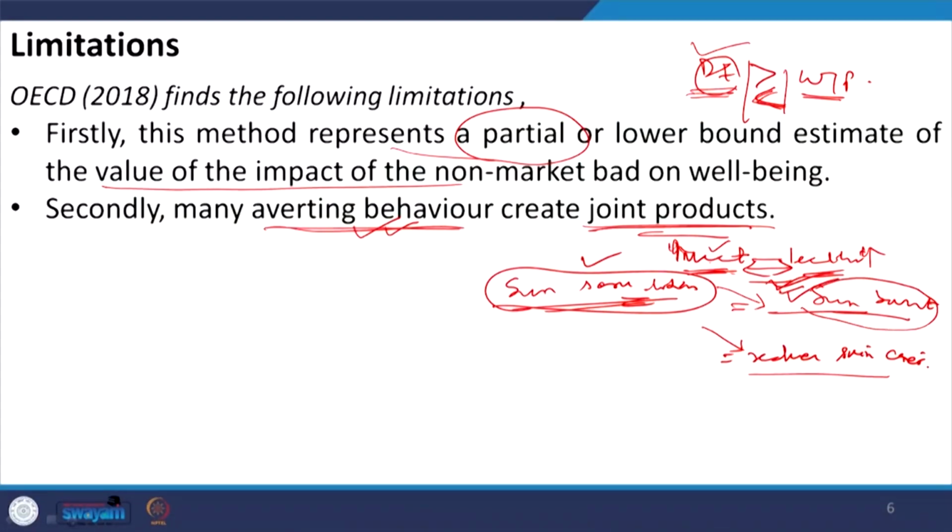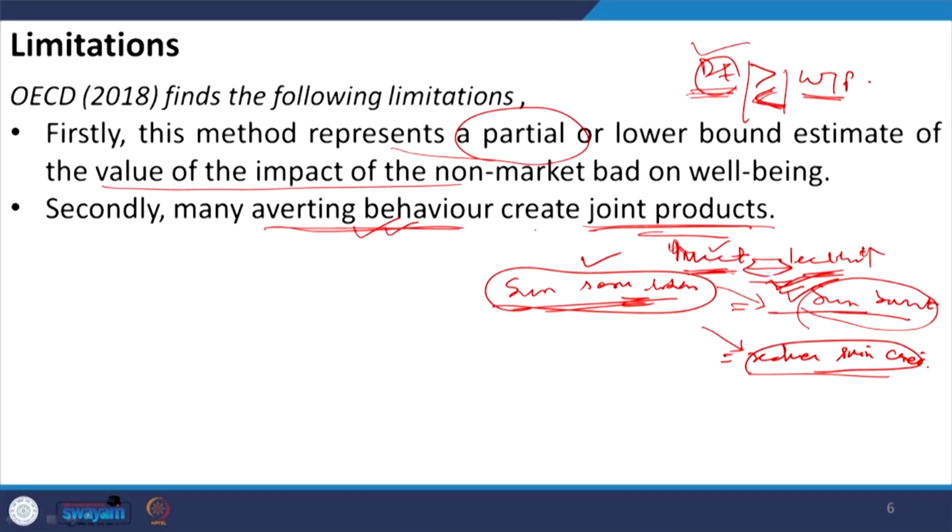But the issue is that if your policy analysis is only concerned about the sunburn, right, then you cannot actually explain how the same application or same expenditure can reduce the skin cancer, right. So, we need to actually take into account how it can be apportioned.